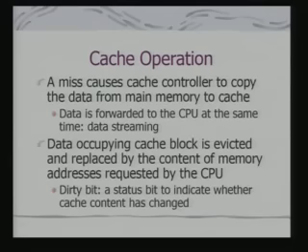It is a status bit associated with the cache memory to indicate whether the cache content has been changed or not. So, obviously, if the dirty bit is set, that means that block has to be written back to the memory, otherwise you need not write back, and obviously write back would imply a performance overhead.